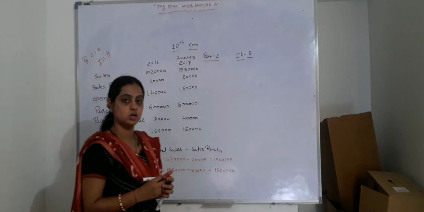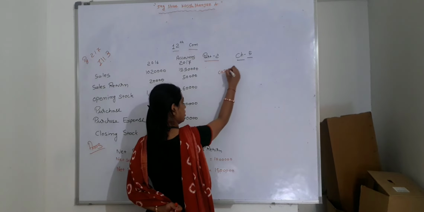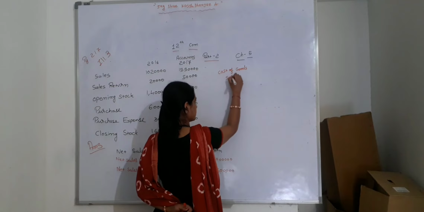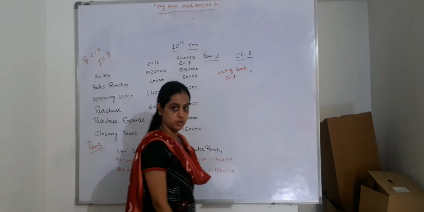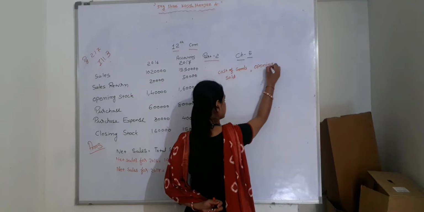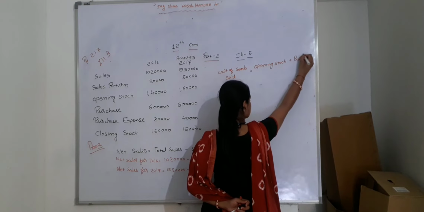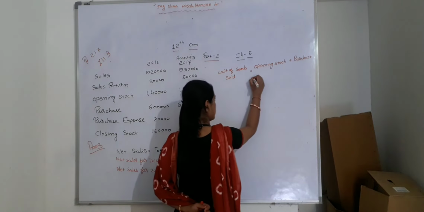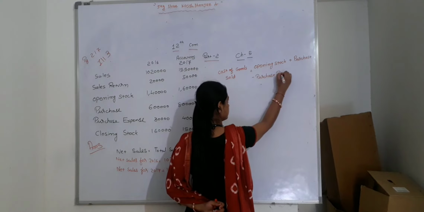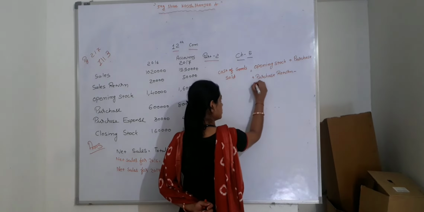Now we have to find cost of goods sold. Cost of goods sold is equal to formula, that is opening stock plus purchase minus purchase return plus purchase expense minus closing stock.